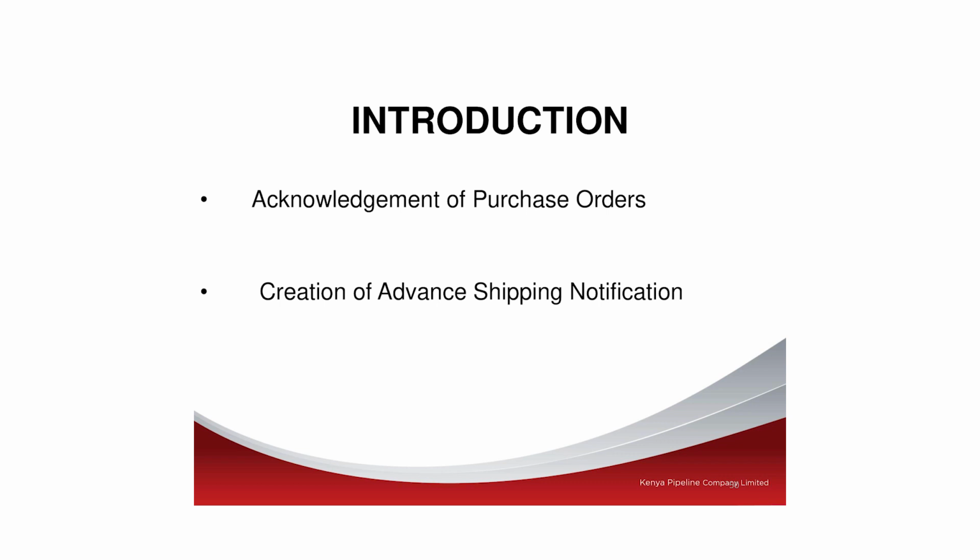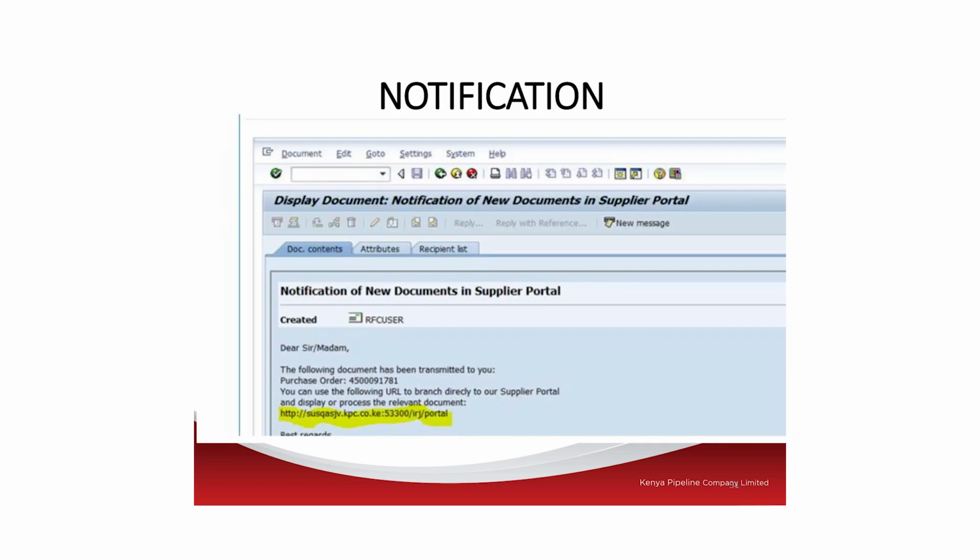So what will happen is that you will receive a notification for the purchase order. This notification will be sent to the contact person's email address, and the contents of that notification will be, you have a purchase order, and it is this number, and you can log into the portal to view it.